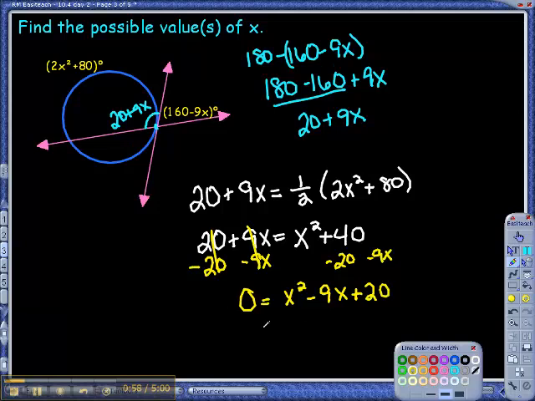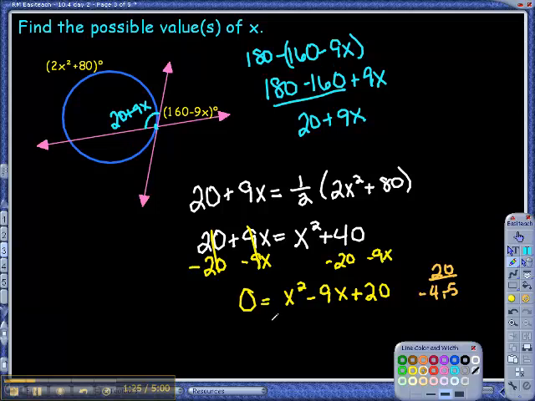So here we've got a quadratic equation. You could solve this by factoring, you could solve this by completing the square, you could solve this by using the quadratic formula. I'll say that the easiest method to use, when possible, would be to solve by factoring. So to determine if this is factorable, I'm finding factors of 20 that would add to give me my negative 9. Well, 4 and 5 are factors of 20 that if they were both negative, they add to give me my negative 9, and they do multiply to give me my positive 20.